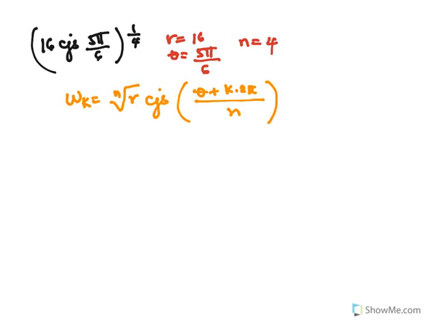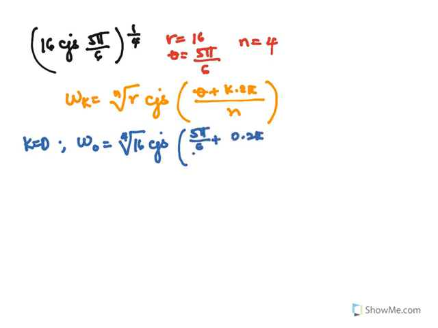So solving for the roots, we start with k equals 0. You always start with k equals 0. So omega sub 0, the principal root, will be equal to the 4th root of 16, cis of 5 pi over 6 plus 0 times 2 pi, all over 4.